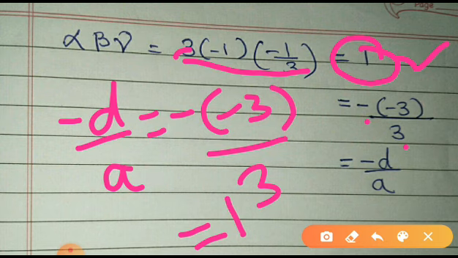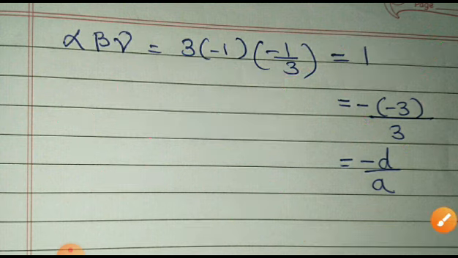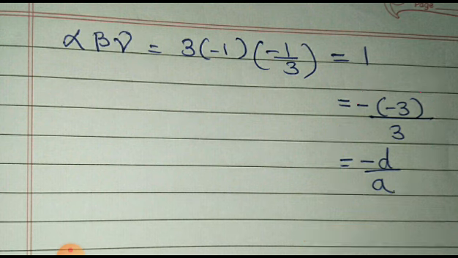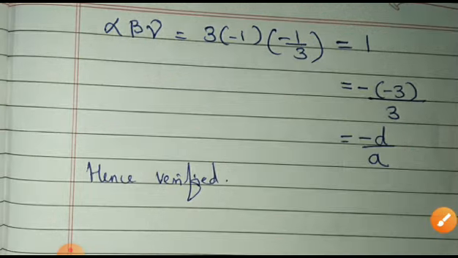I have just rearranged it to get minus d by a. Any method you can use. Okay. Hope this is clear. So can I say that everything is verified, that the relationship between the zeros and coefficients is verified?